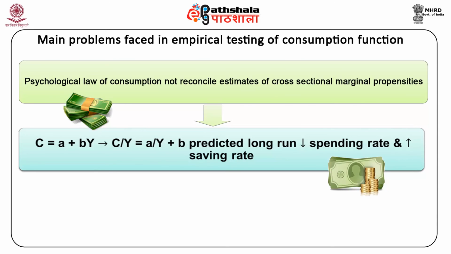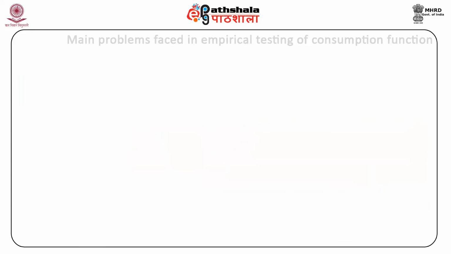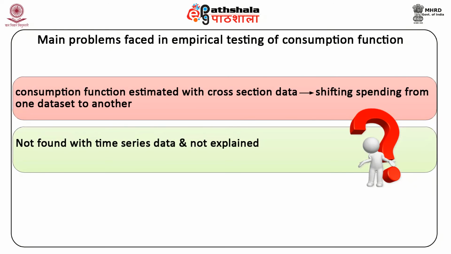That is, an increase in Y causes A/Y to decline and the average propensity to consume should fall. However, it has remained stable. Third, consumption functions estimated with cross-sectional data showed shifting or retrenching spending from one data set or year to another. Such behavior was not found with time series data and could not be explained.